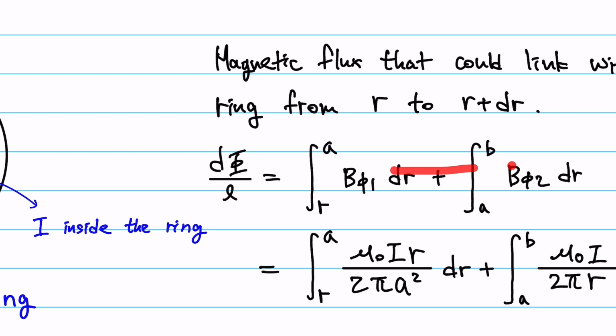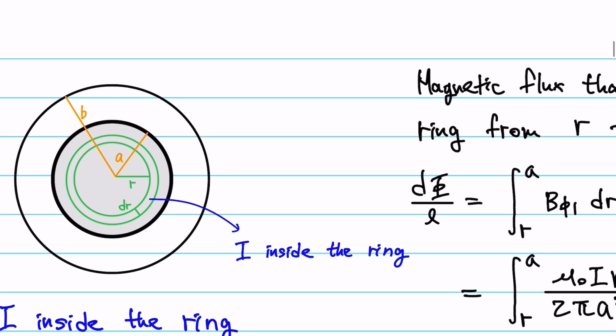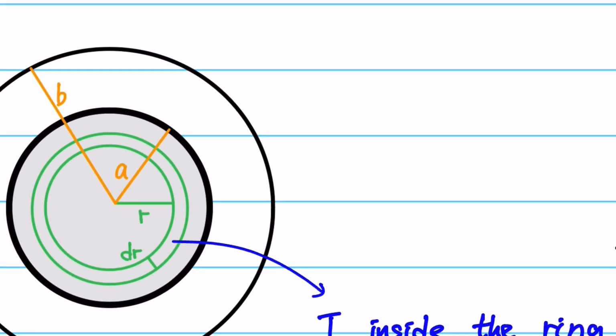We already calculated that there is a B1 and B2 previously. B1 is the magnetic flux density inside the conductor and B2 is outside the conductor. So if you're trying to figure out the magnetic flux that is engaged with the current flowing in this ring, you have to account for the B1 field from r to a, which means the magnetic flux flowing from here to here.